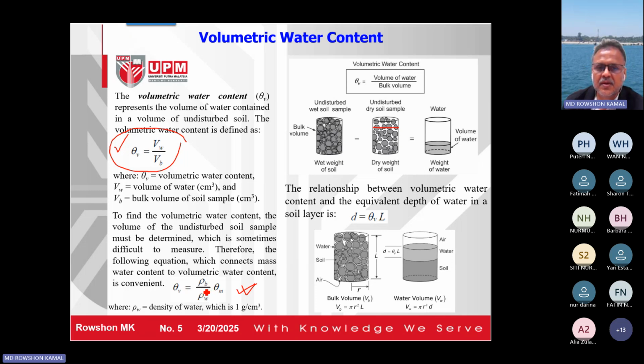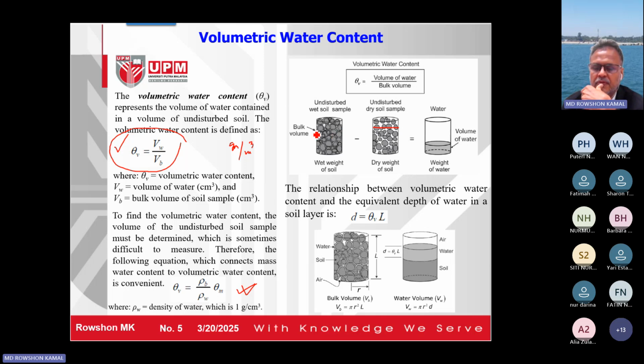Bulk density means you know the density is gram per meter cube, is it? This is the unit, okay. So meaning that you take the weight and take the volume, then when you divide, you will get the density, okay.